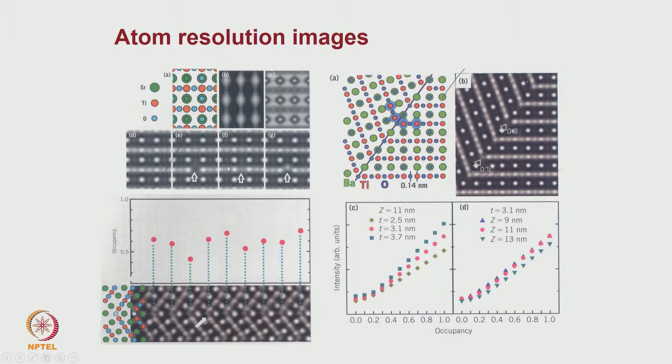Using this condition, one thing which could be done is this: the image is taken from a sample of strontium titanate. In this particular case, if you look at it, in some positions there is an absence of an oxygen atom position, and that absence could be noticed.